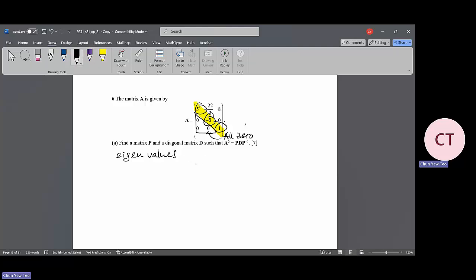So I call them lambda 1, lambda 2, and lambda 3: 5, -6, and 1. Now we want to find the eigenvectors. When lambda 1 is 5, each entry in the diagonal of the matrix has 5 subtracted, and you get 0, -22 over 3, 8, 0, -11, 0, and 0, 0, -4.